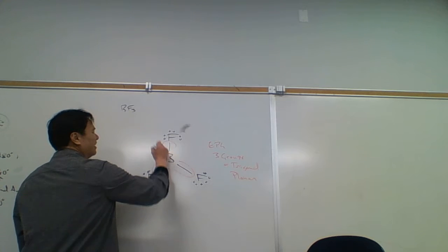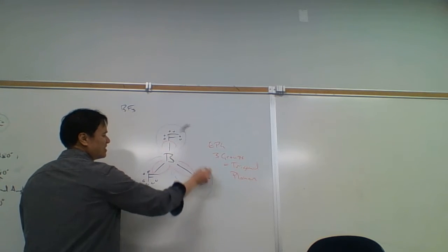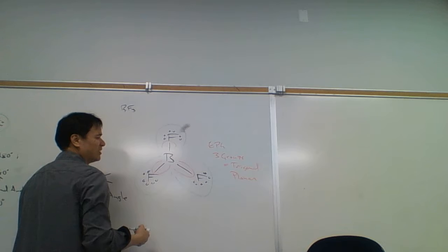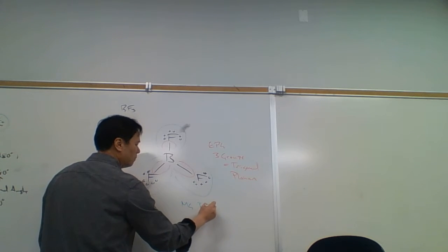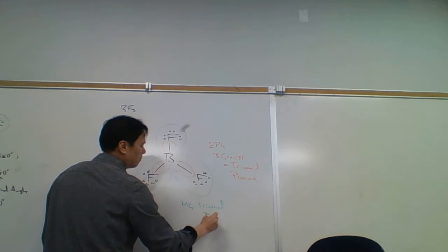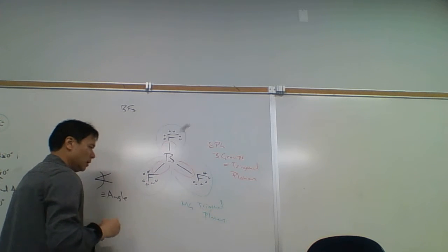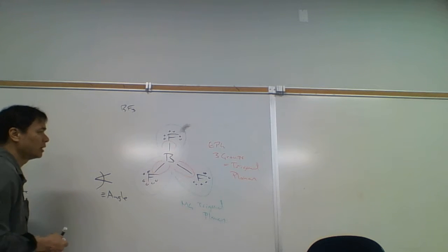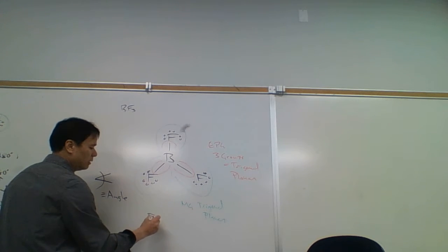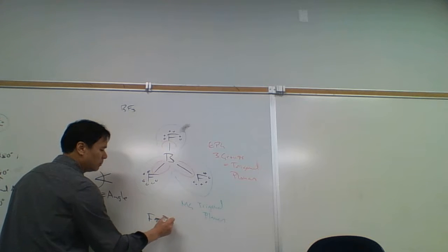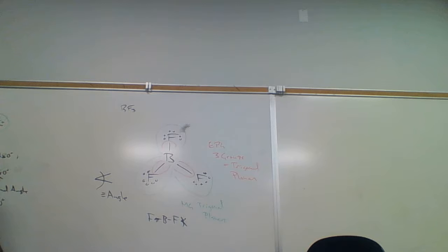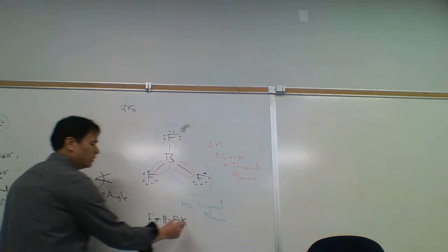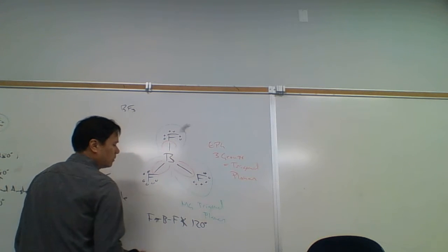That's the EPG. Then I look at the bonded atoms. The bonded atoms are the same arrangement, and so the MG here is also trigonal planar. And the angles we are going to get next. It's going to be the FBF angle. And what is the FBF angle? Yeah, 120 degrees.